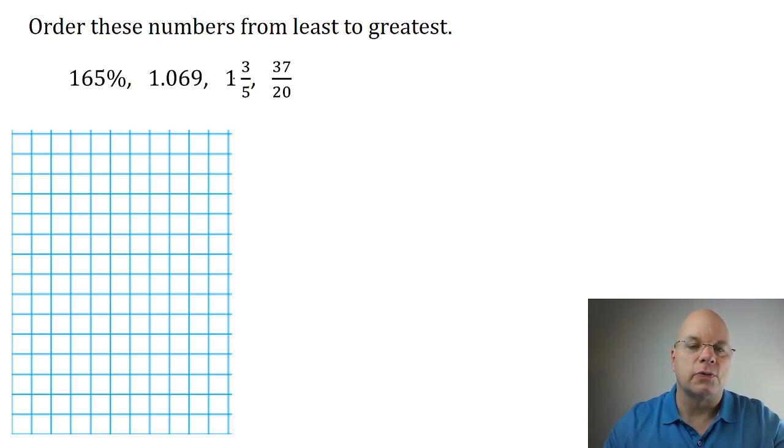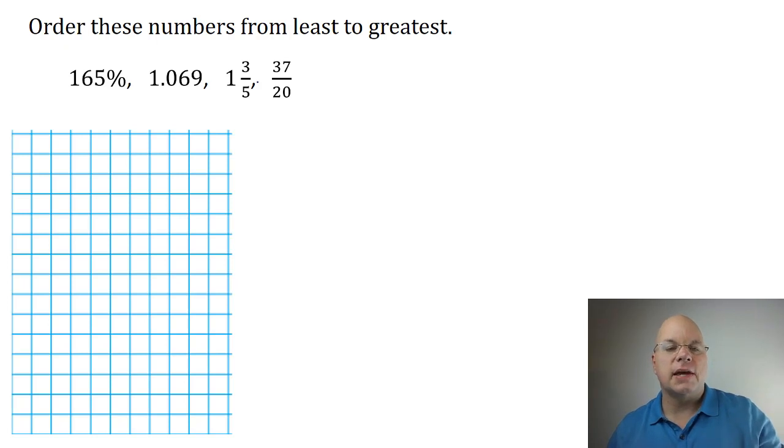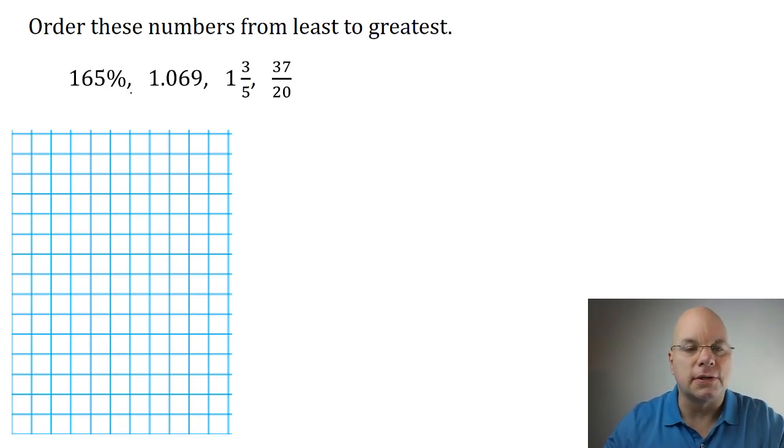If there's a situation where most of them are percents and you can easily convert the ones that are not into percents or fractions or anything, you can do it any way you want as long as they're all in the same form. They're easier to compare. In this case, I think it's going to be pretty easy to convert these all to decimals.